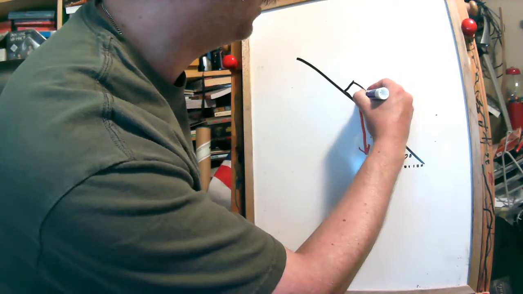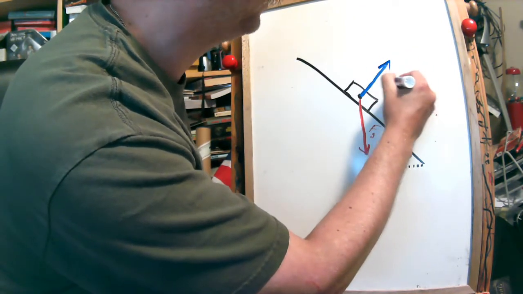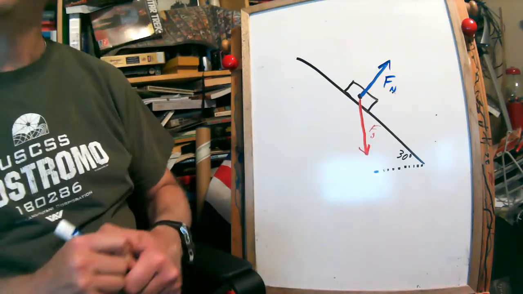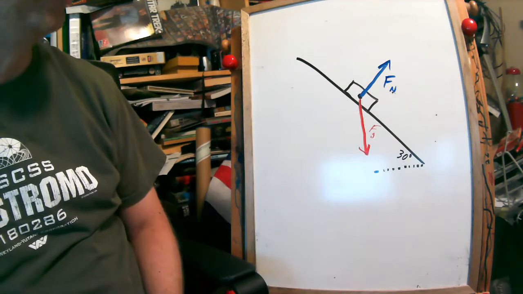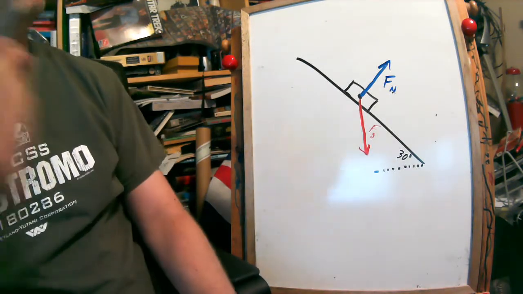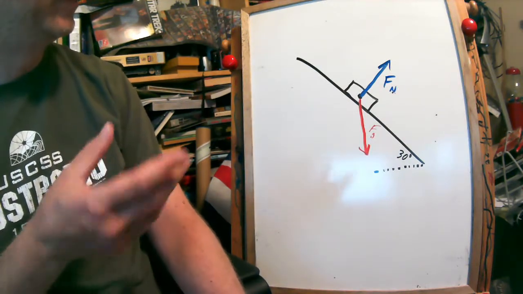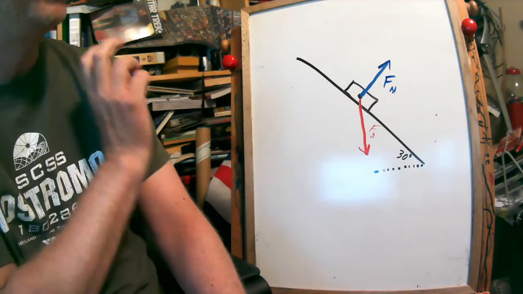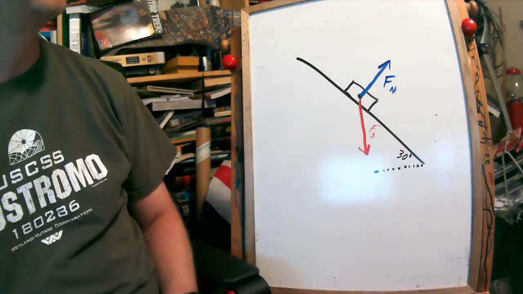So in this case, once I've got Fn drawn in, I can see that Fn is not equal but opposite to Fg. That's going to be quite critical when we're solving these questions at the very end of the chapter, because them not lining up, them not being equal but opposite to each other, makes it much more difficult to do the calculations.